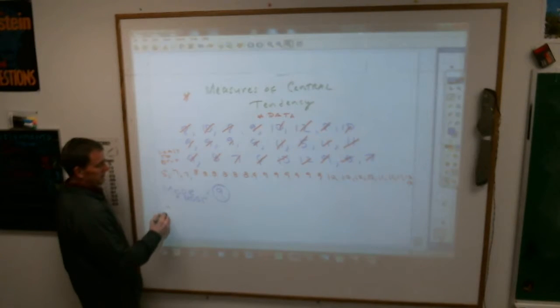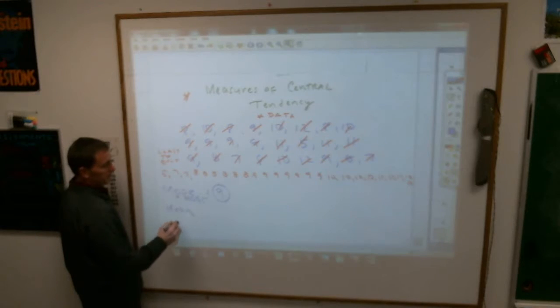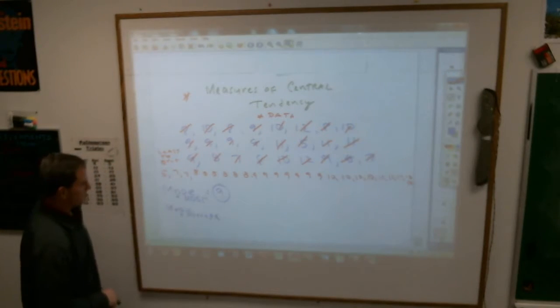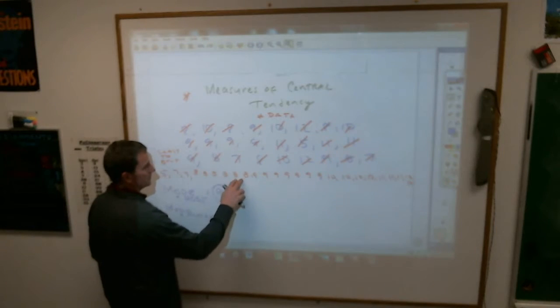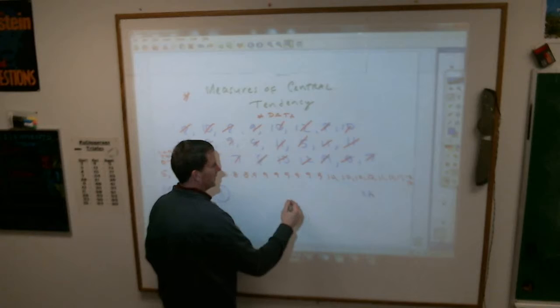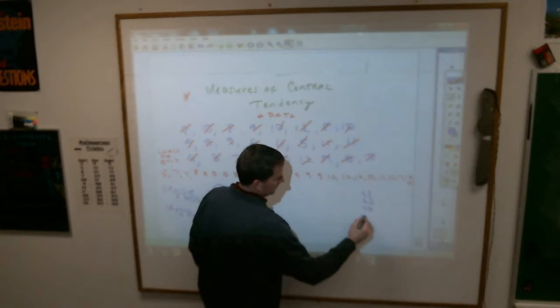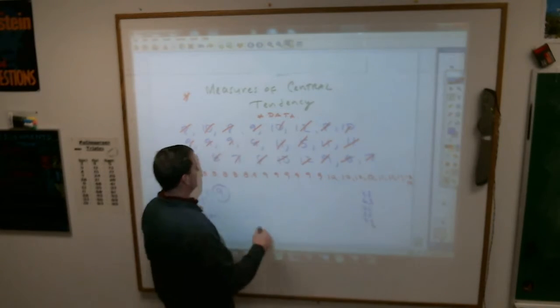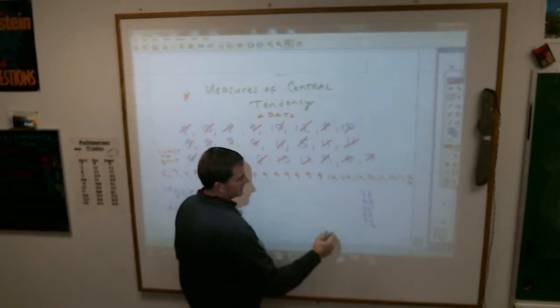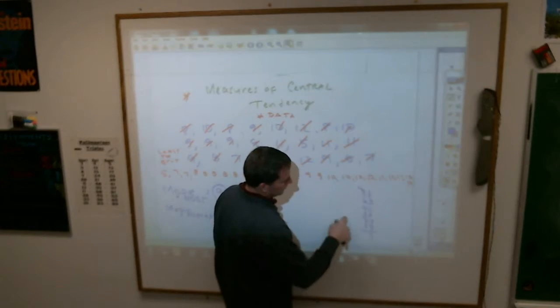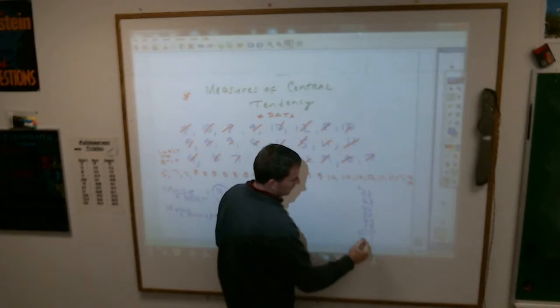And then the next one is the mean. Mean is the same as average. We could probably do this pretty quickly. 6 8s is 48. 7 9s is 63. 4 10s is 40. Adding up the whole sum, it's 227.